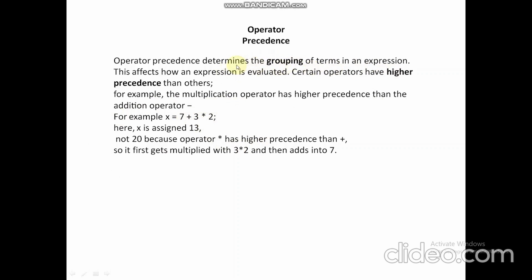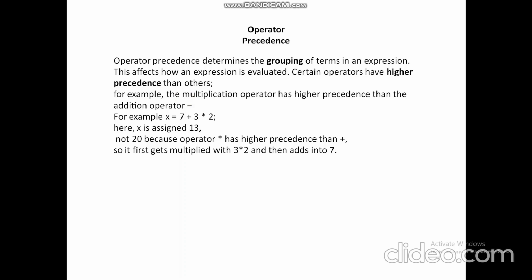Operator precedence helps in evaluating this type of expression. It tells us which operator has a higher level of precedence, meaning which symbol should be given high preference and which low preference.